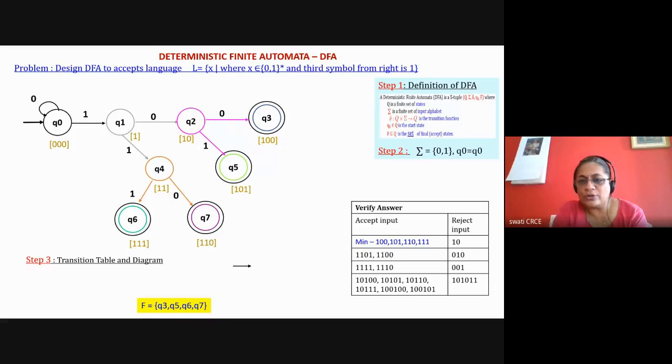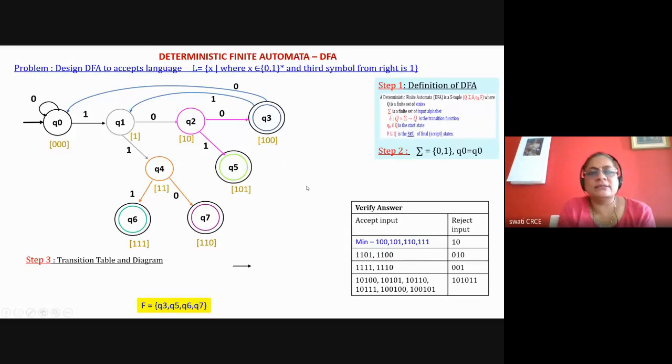For 0, Q0, and for 1, Q1. So for 0 it will go back and start again with 1, so that with 100, 101 or 110 it will go to the final state. And with 1, this can be the third last symbol, so it will go to Q1, so that with 00, 01, 10 or 11 it will go to the final state.